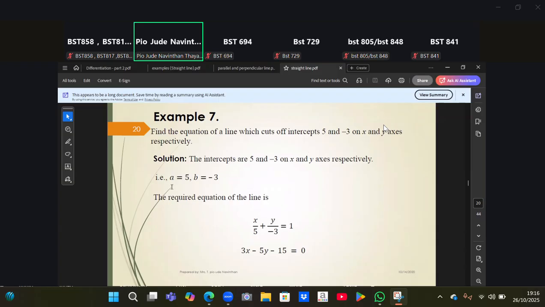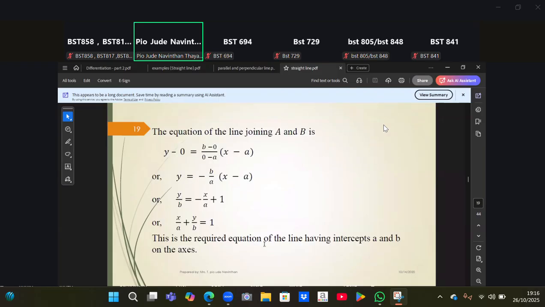So x intercept 5 means a is 5. Y intercept means b is minus 3. So you can put x over 5 plus y over minus 3 equal to 1. Right? Then you can simplify. Or you can keep this one. There's no problem, right? You will get the marks.